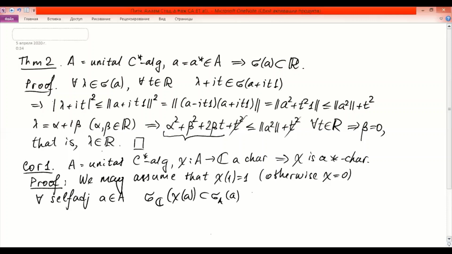But we know that the spectrum of a is real. So the spectrum of chi of a is also real. And this means that chi of a is real. So we see that chi takes self-adjoint elements to real numbers.